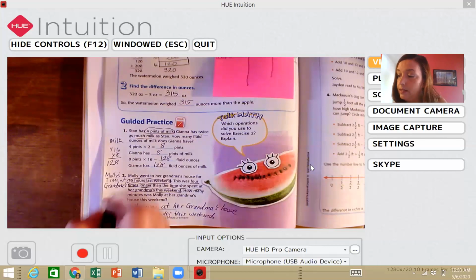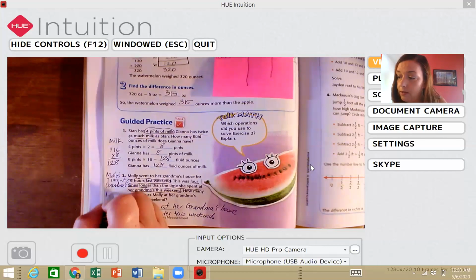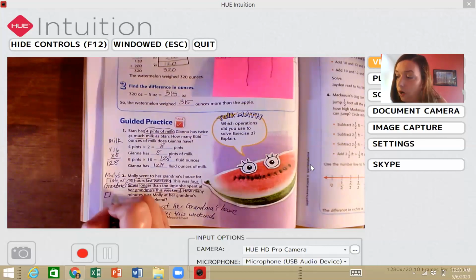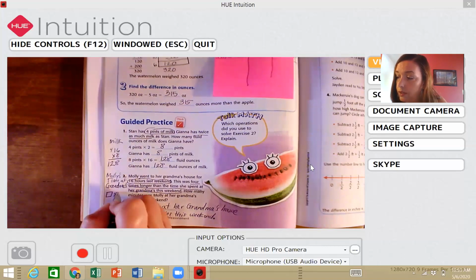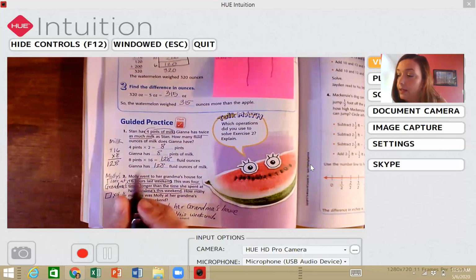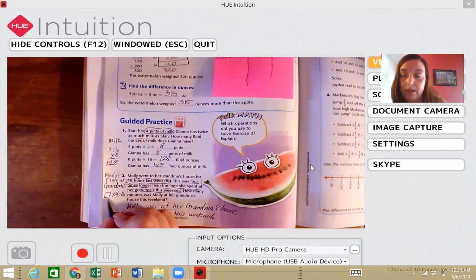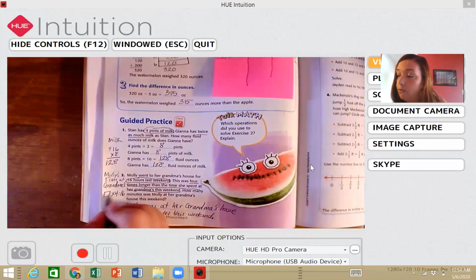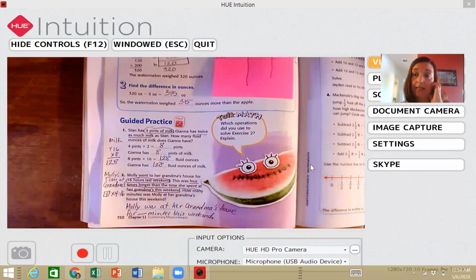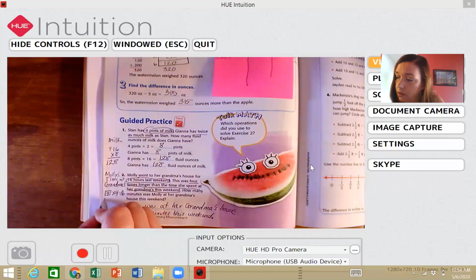So what I'm thinking is the time that she spent this weekend times 4 equals 16, right? So I have to think to myself, what times 4 equals 16? I know that it's 4 times 4 that equals 16. So that means that she was at her grandma's house for 4 hours, okay?